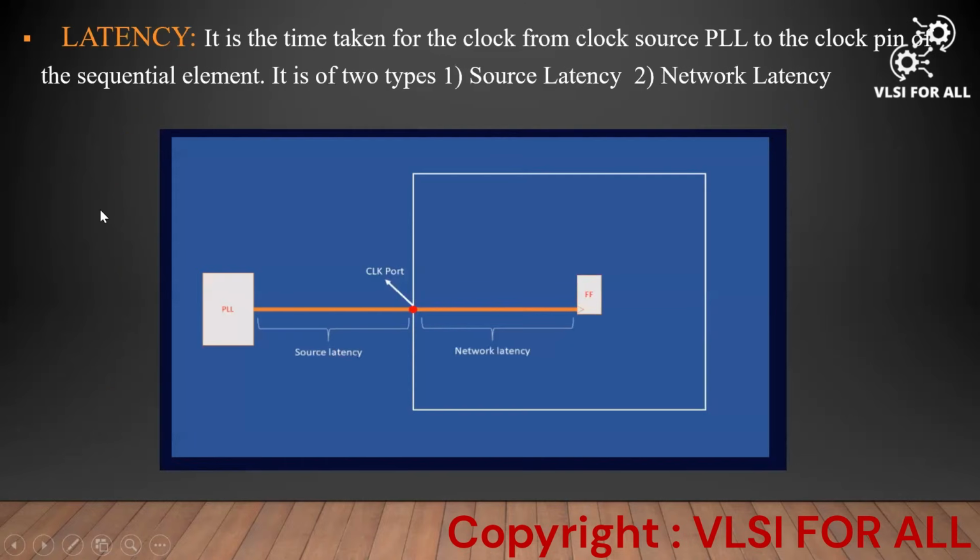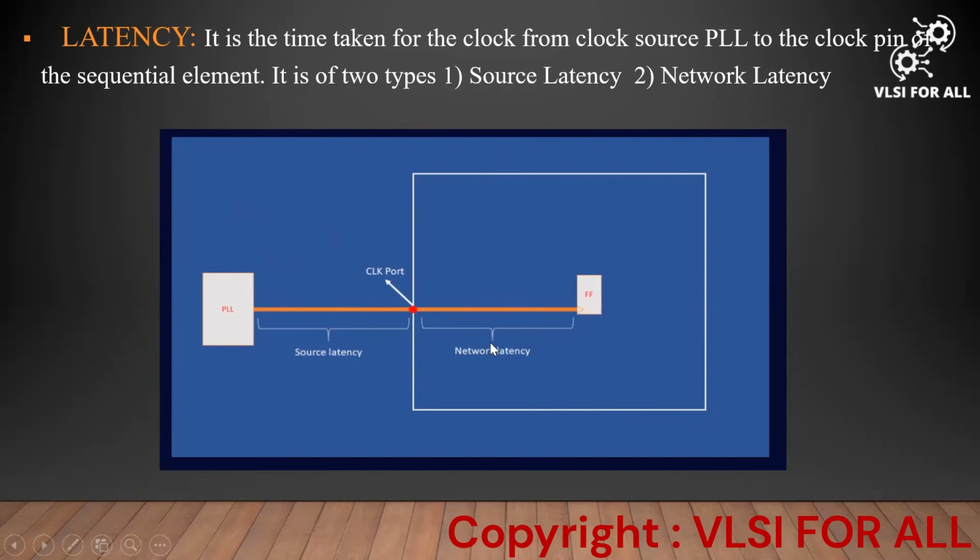So latency. Generally, the clock tree is built from the clock source, which is a phase locked loop, like a PLL oscillator, to the clock pin of the flop. Once the clock tree is built, the time the clock takes to come from the PLL to the sync pin of the flop is called latency.